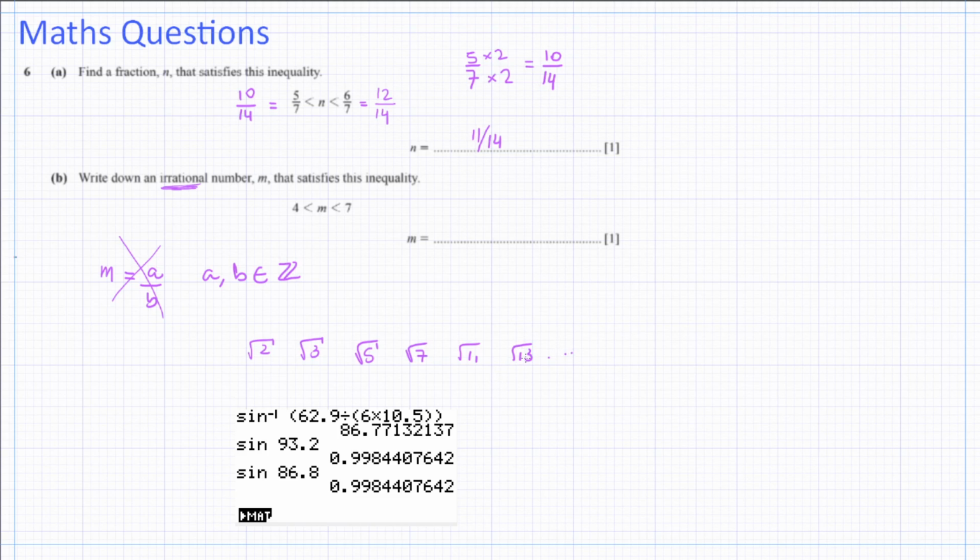Now, however, there will be some of those roots that we know. For example, if we keep going here until our root of 16, we know that this is 4, which is one of the extremes that we have here. If we keep going, which would be the root that would give us 7? It's root of 49.